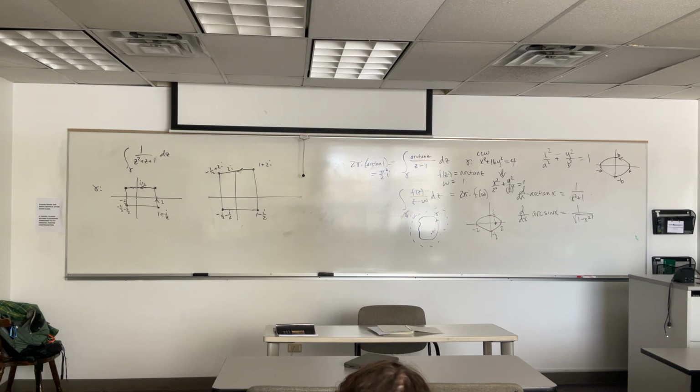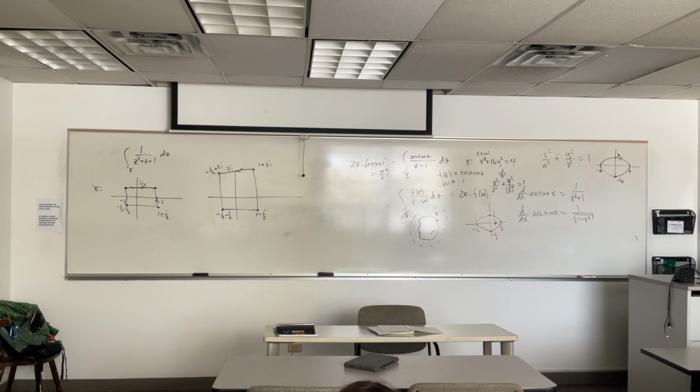If this 1 over z squared plus z plus 1 is analytic inside that curve, then what's the answer? If I integrate a function that's purely analytic and doesn't have any infinities inside the curve, what do we get? What are the good guesses for complex analysis?